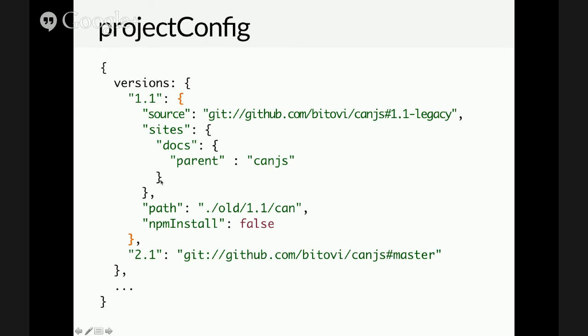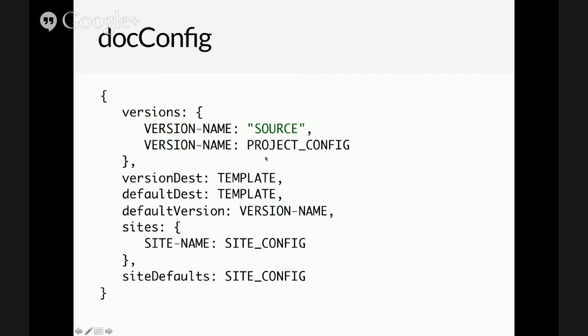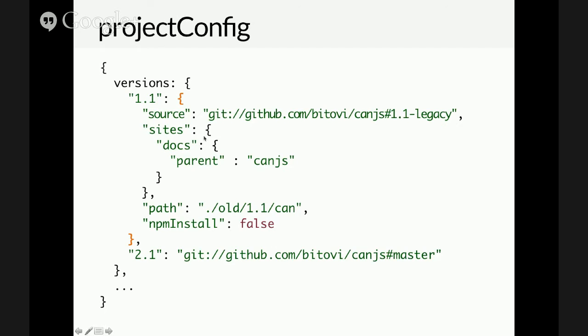Wait a second. What is a project config used for? A project config is on a version. It's used for telling how to download a project, and if the project doesn't have a DocumentJS.json, it can be used to define how that project should be documented. I see.